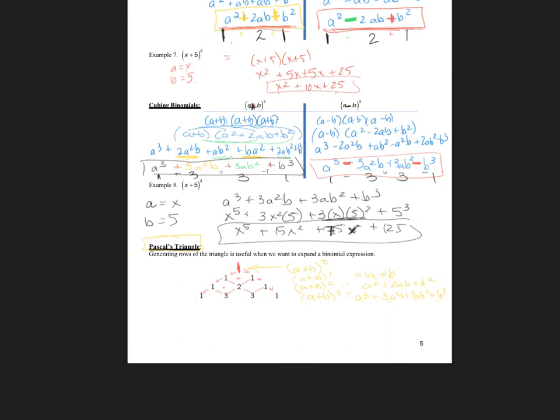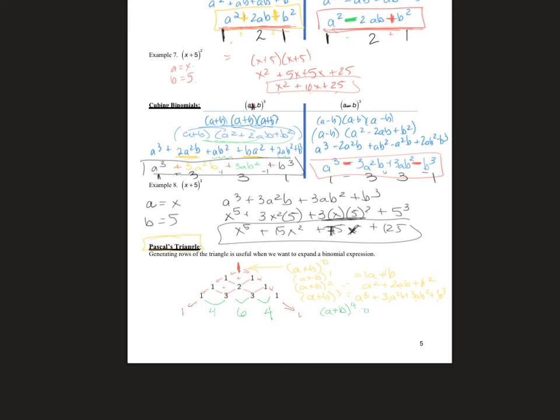So what would the next row be? Well, I'd bring down the 1. I'd bring down the 1. I'd add these to get 4. Add these to get 6. Add these to get 4. And those would be your coefficients if I have a plus b to the 4th.